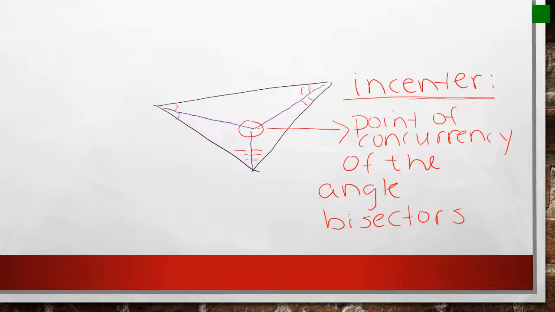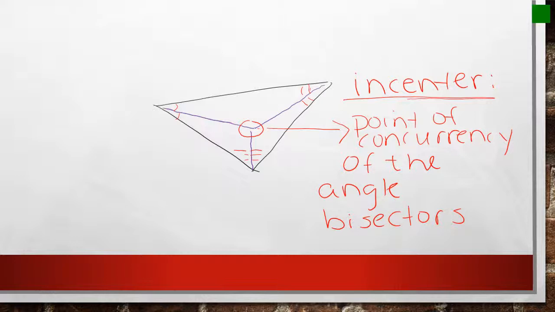So if I bisect this angle, and I bisect this angle, and I bisect this angle. So what we're saying is, this angle is congruent to this angle, this one is to this one, and this one is to this one, right?